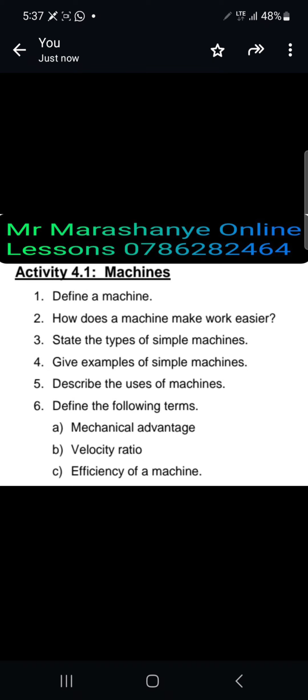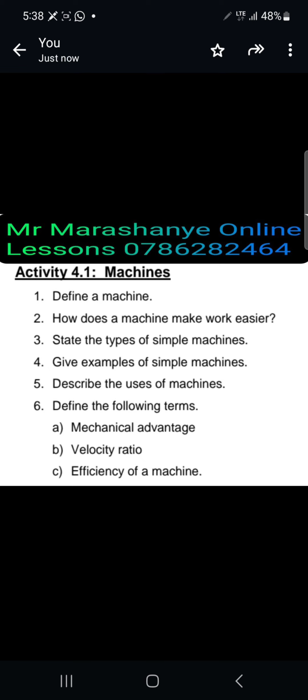Question number 2. How does a machine make work easier? Since a machine is a device that makes work easier, this question is asking how. A machine can only make work easier to do by reducing the effort which was supposed to be applied without a machine.